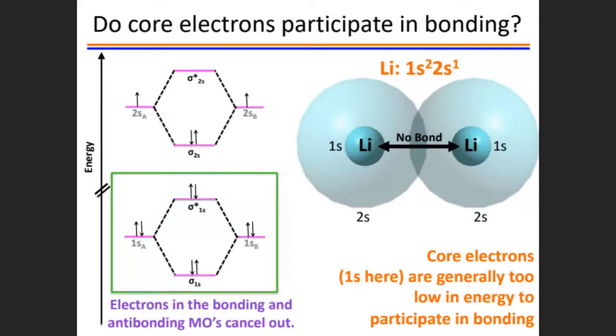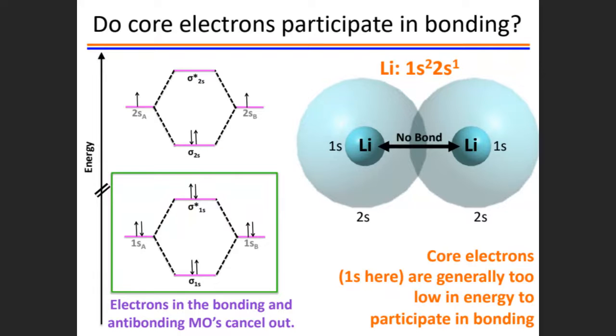I just want to remind those students who forget that core electrons means the inner shell electrons. We are mostly talking about bonding with the valence electrons. The core electrons cannot come close together, and they cannot participate in bonding.